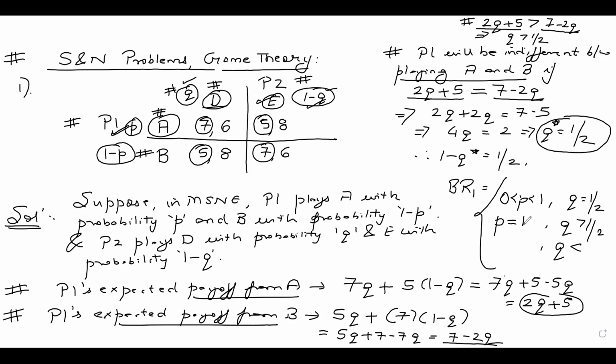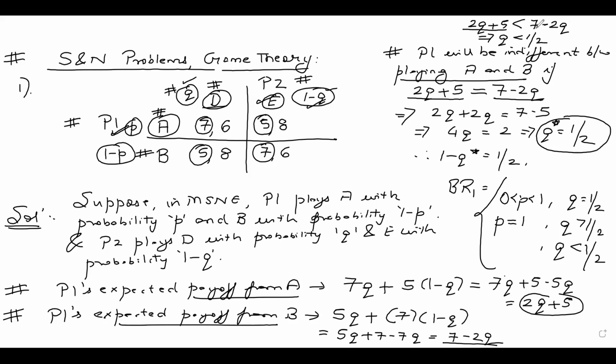And what will happen when Q is less than half? How will you get Q less than half? Very simple. Just do the reverse. So on the top, you can see if the expected payoff from A, which is 2Q plus 5, is less than expected payoff from B, which is 7 minus 2Q, you solve this, you will get Q less than half.